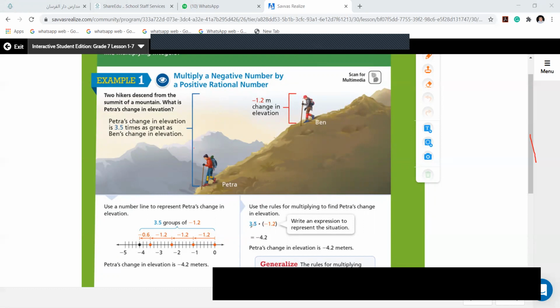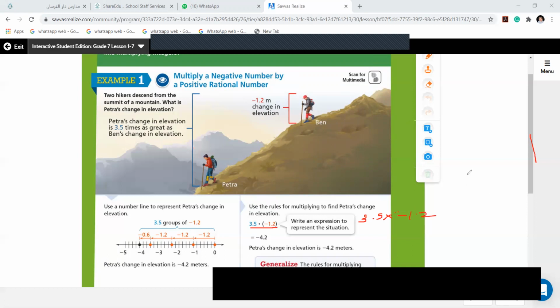You see here, they wrote 3.5 because clearly in the question it is giving that Petra is 3.5 times more than Ben's change, and the minus elevation is 1.2. So 3.5 times minus 1.2.